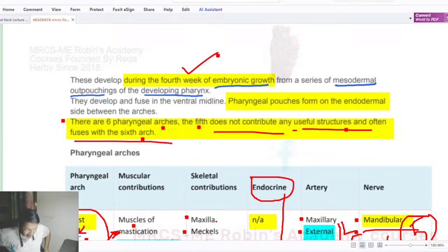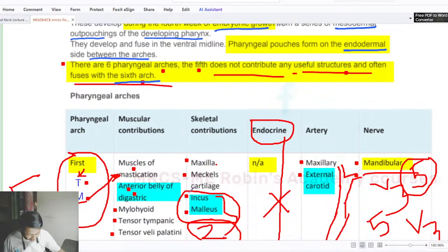We are reading pharyngeal arches because different anatomical structures develop from them. Pharyngeal pouches form from the endodermal side between the arches. There are six pharyngeal arches. The fifth does not contribute any useful structures and often fuses with the sixth arch. So we have basically one, two, three, four, and six.